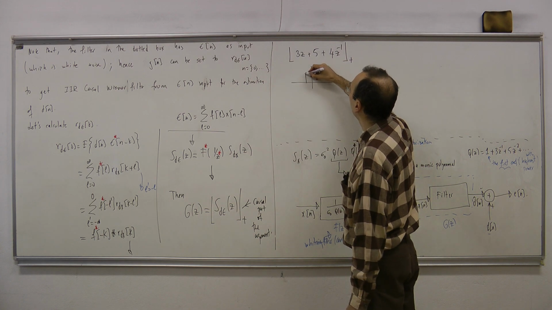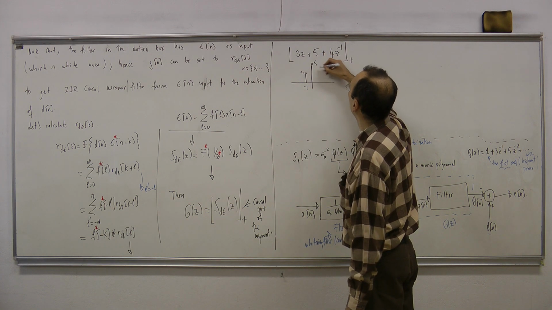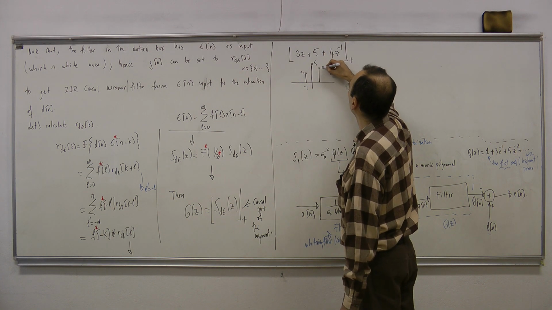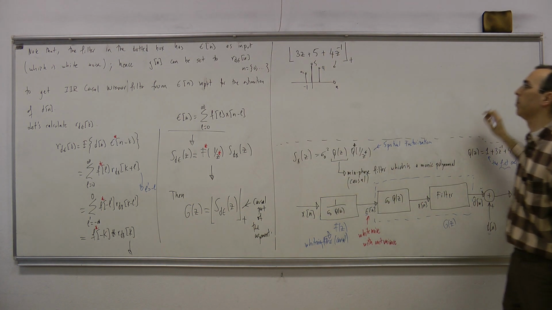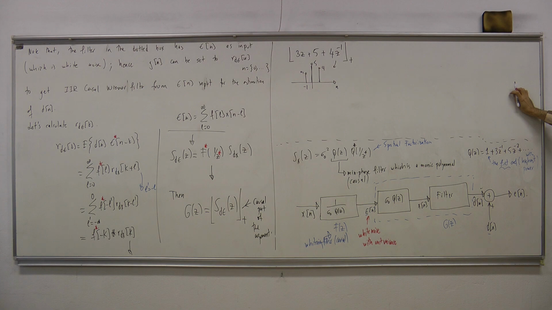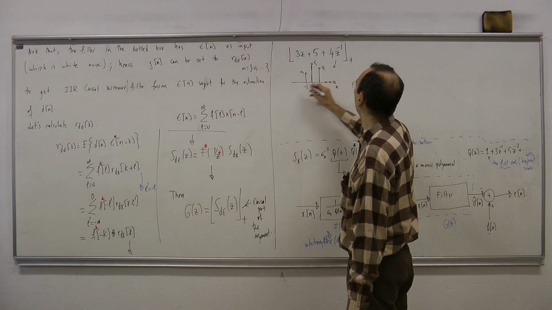We have a 3 over here at minus first lag, we have a 5 over here, and we have a 4 over there. This is n, and this is the sequence in time domain. 0 and first lag, the rest is all 0.